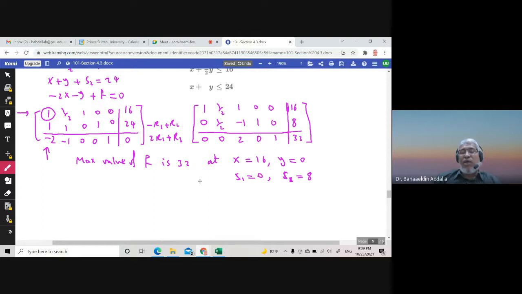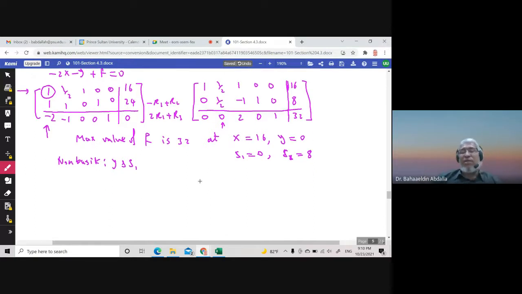Now, where are the non-basic variables? Non-basic variables are y and s1, the ones we set to 0. Look to the indicator of s1, it is 2. What is the indicator of y? It is 0. So the indicator of y, which is a non-basic variable, is 0. So this means that this problem may have multiple solutions.